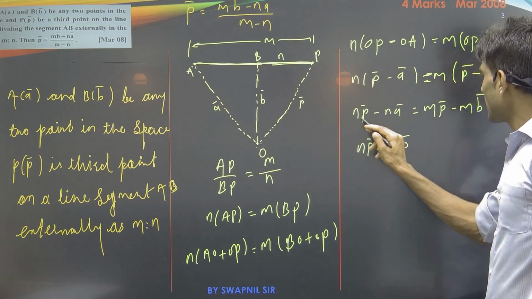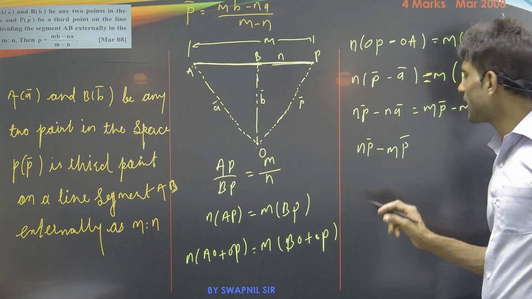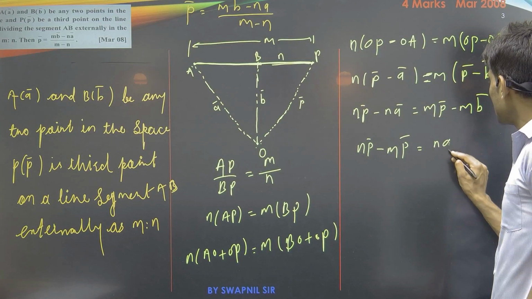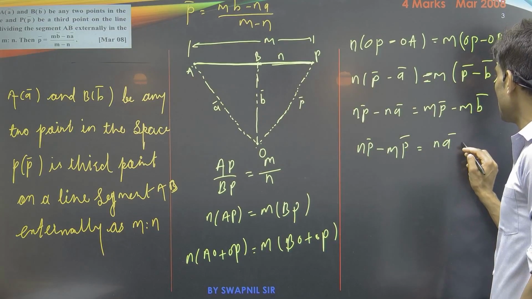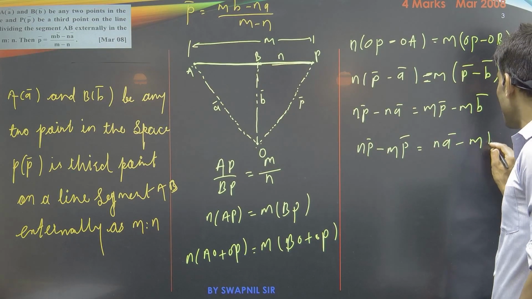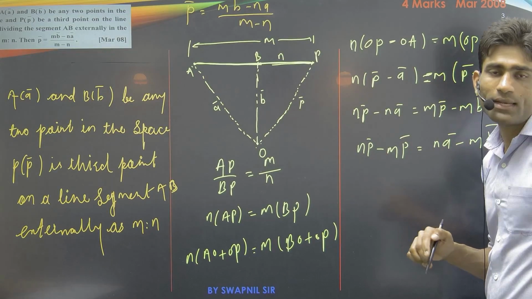N times P bar, the positive term, I have taken here, and M times P bar goes negative. That equals N times A bar, which when taken here goes to positive, and minus M times B bar, which I kept as it is.